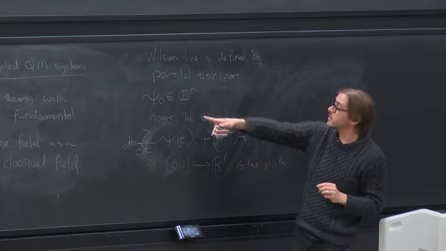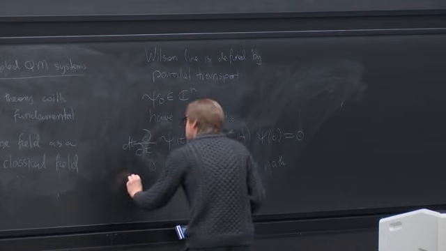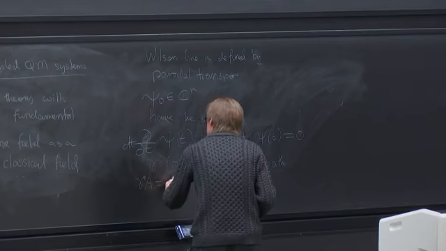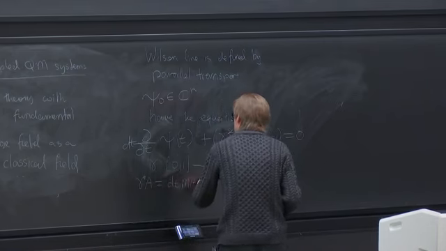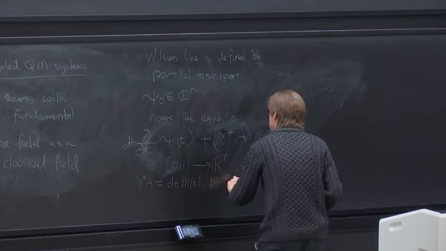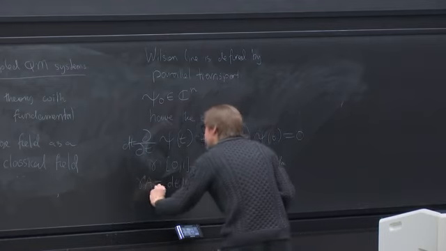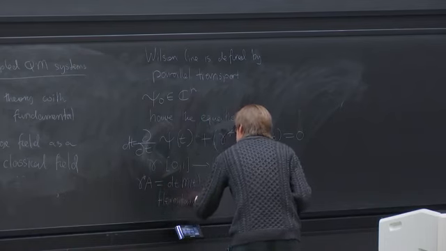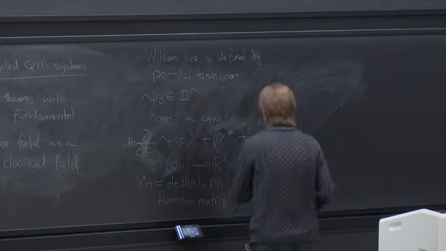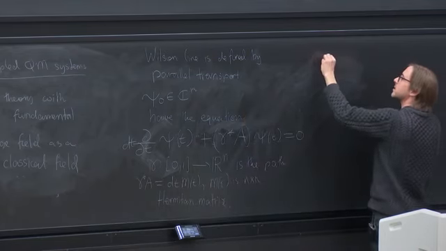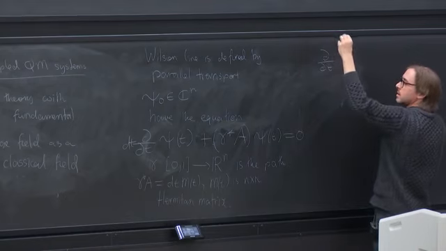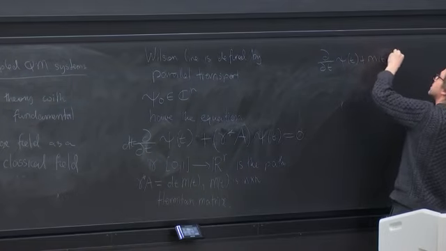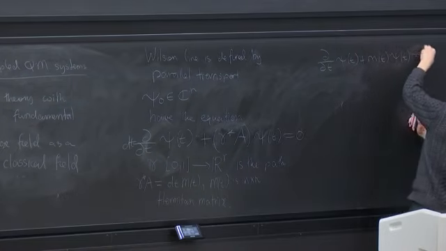And because we're dealing with the gauge group SU(N), gamma star of A is equal to dt times M(t), where M(t) is an n by n Hermitian matrix. So write it out more explicitly: d/dt psi(t) plus M(t) psi(t) equals 0.